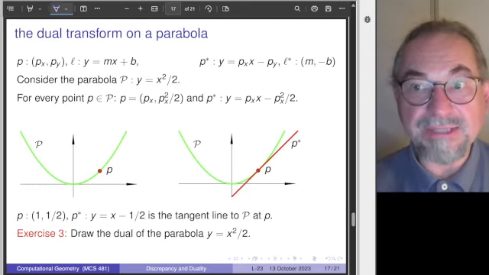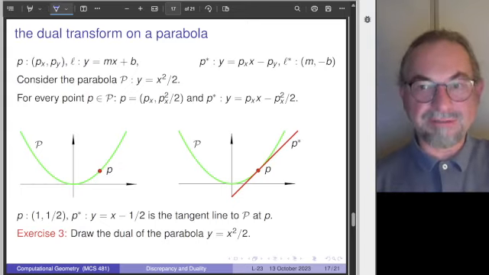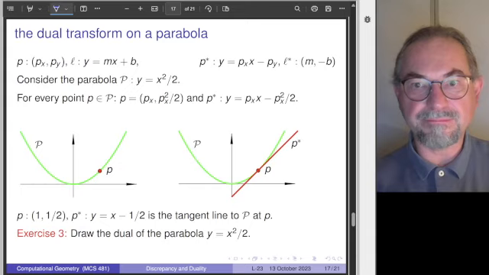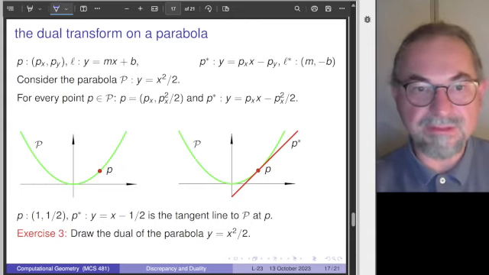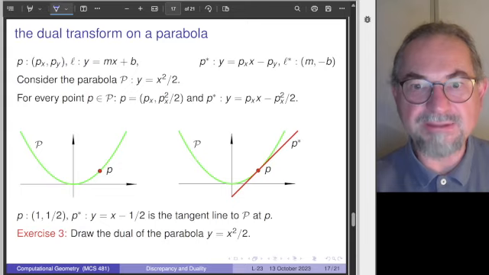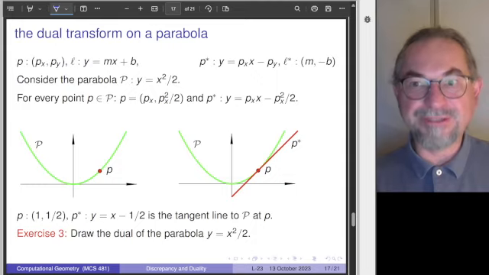Okay, so what happens now, every point on that parabola becomes a line. So if you let this point slide along here, you have all kinds of lines that are tangent to the point on the parabola.